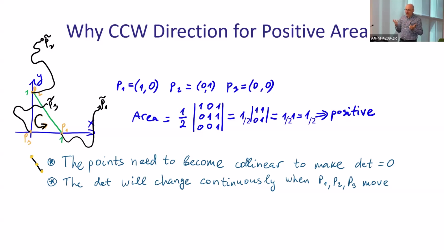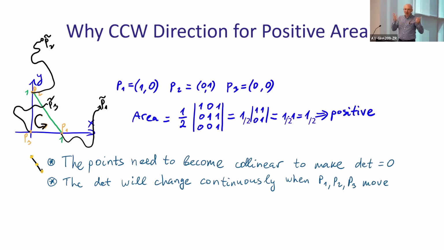So what is that location of points where the determinant of that matrix of the points and 1s will become 0? What should the points be? What is the condition on the points for the determinant to be 0? They will become collinear, on the same line, proportional to each other, practically speaking.